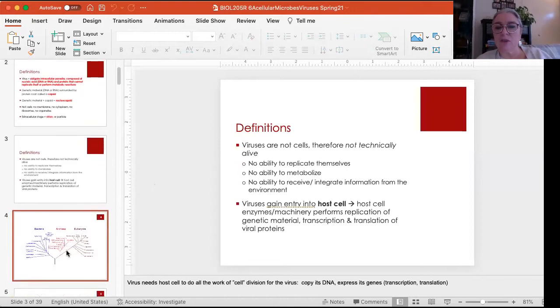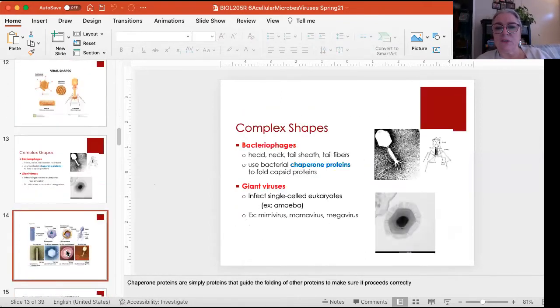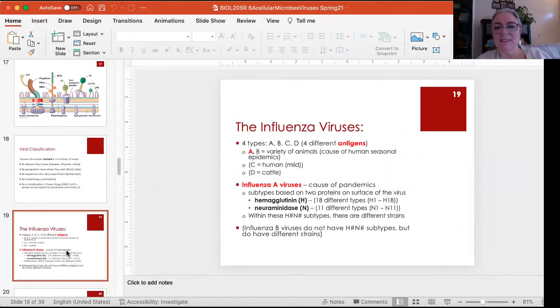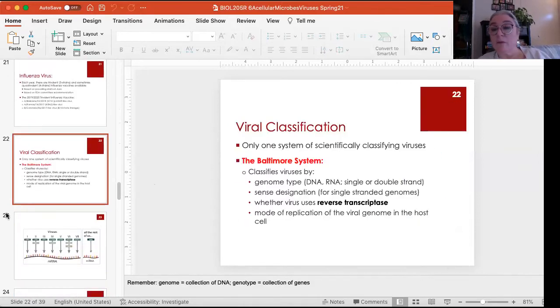And I'm going to just go down through the slides till I get to slide number 22 about the Baltimore system. This is the slide that has the list of things that we need to know about the Baltimore system.